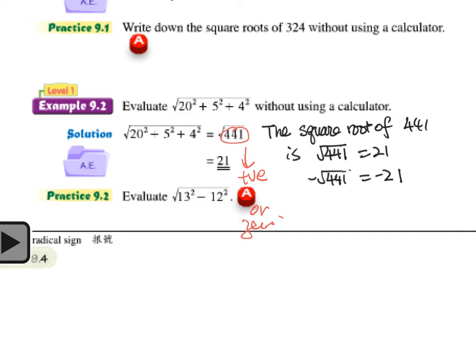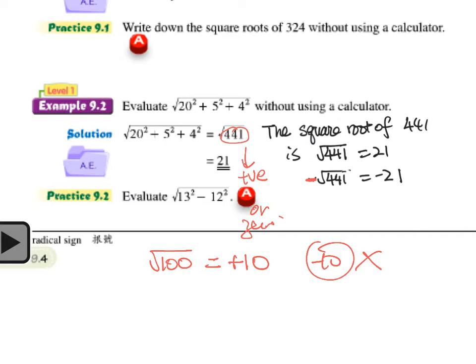If you have two cases, you need to move the symbol to the front. That means when I ask you radical sign 100, there is only the positive answer. There is no negative answer.